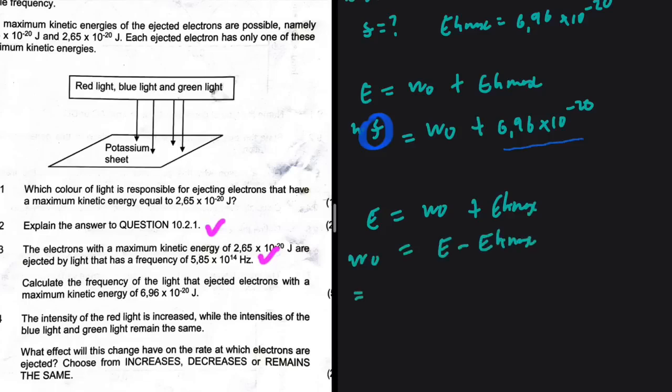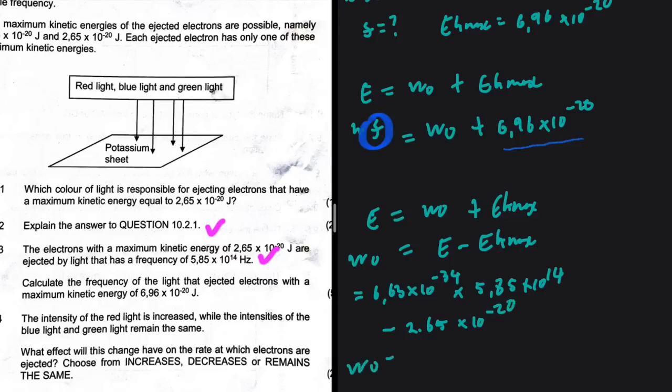So how are we going to find the energy? Planck's constant, 6.63 times 10 to the minus 34, multiplied by the frequency that is given, 5.85 times 10 to the power 14, minus the kinetic energy, 2.65 times 10 to the minus 20 joules.